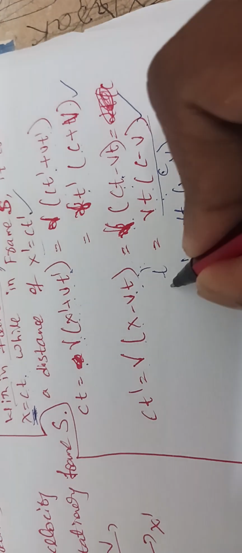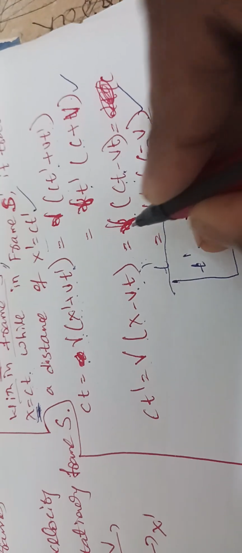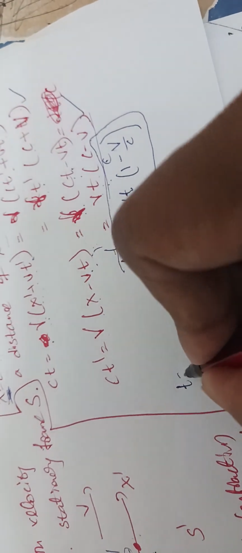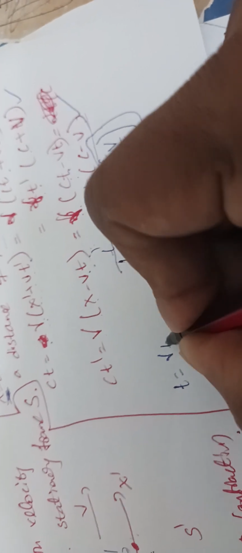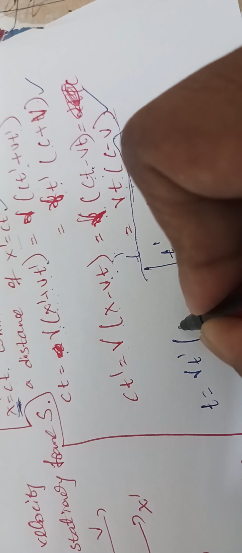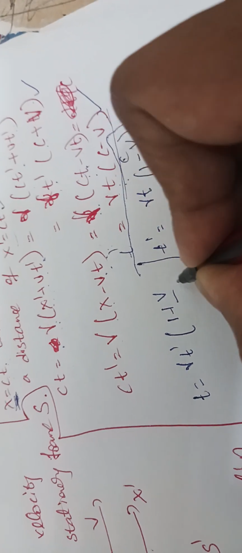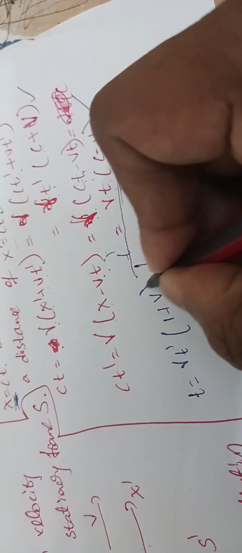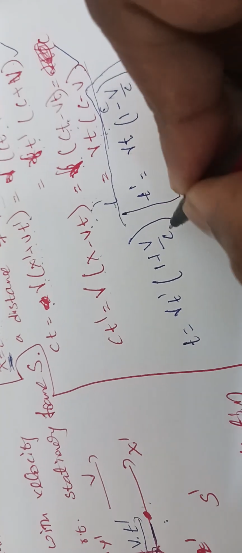Here also t equal to gamma into t dash, therefore c gets cancelled, and I have 1 plus v by c.